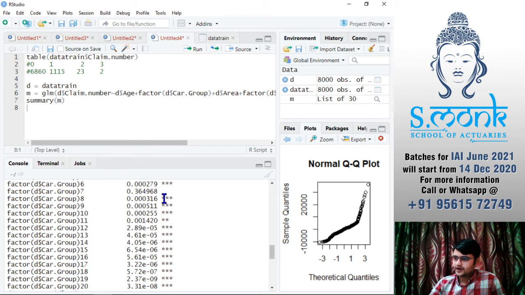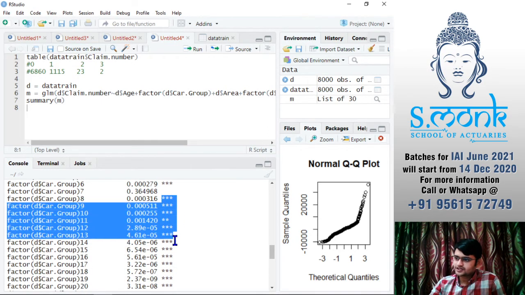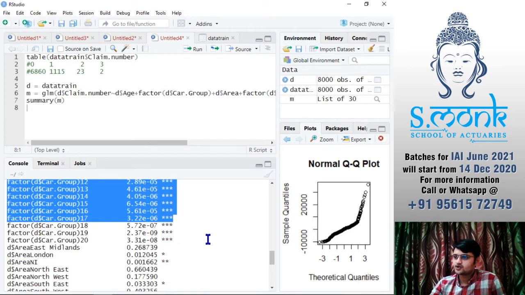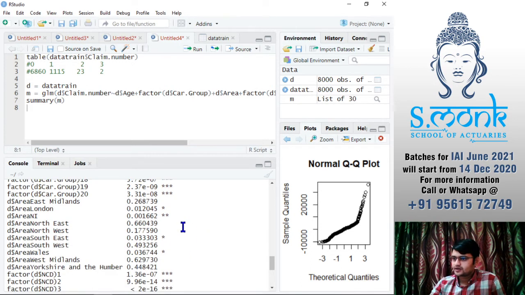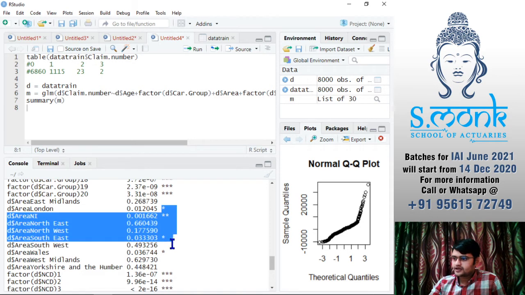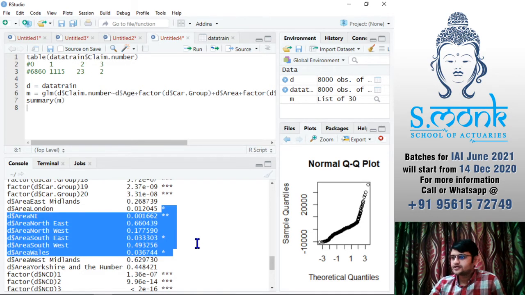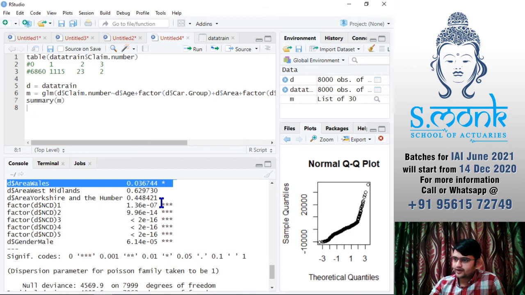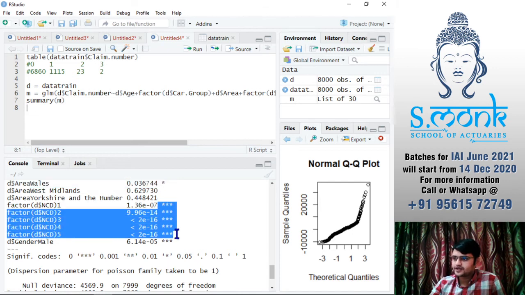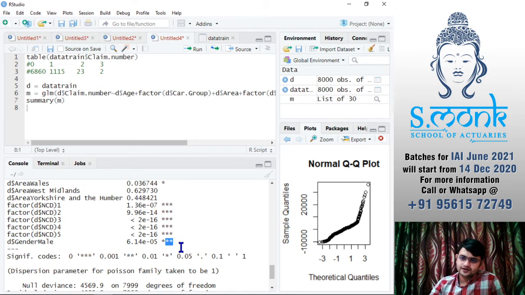A lot of the factors of car group are significant, so you would say most likely car group is also significant. Then area does not seem very significant but may be significant. NCD is definitely very significant, and gender is also very significant.